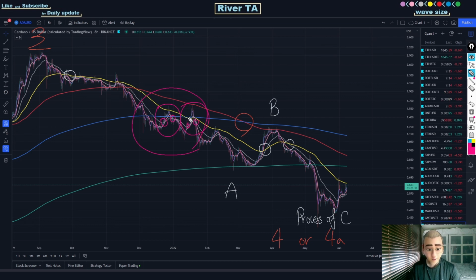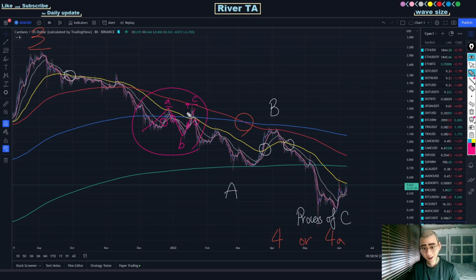But because the price point of this one over here has exceeded the price point over here, this is to be considered as a corrective formation of A, B, and C, like this.